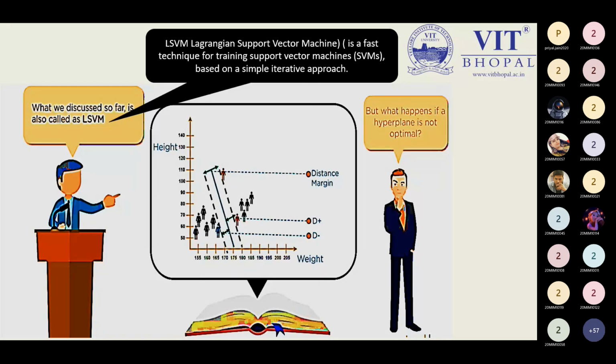It is iterative because we choose line 1, line 2, and so we have many lines, so we apply an iterative process to get the maximum distance, as you have seen in the animated images. Such an SVM comes under the LSVM, known as the Lagrangian support vector machine, and that is a fast technique. So this is the point we have to understand.